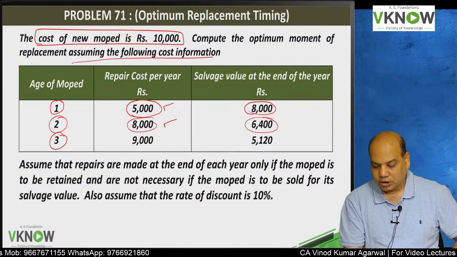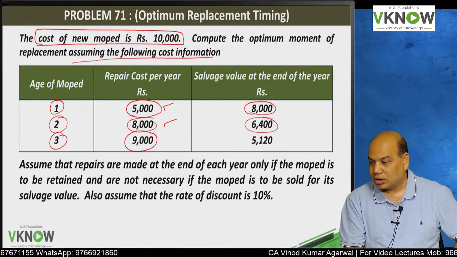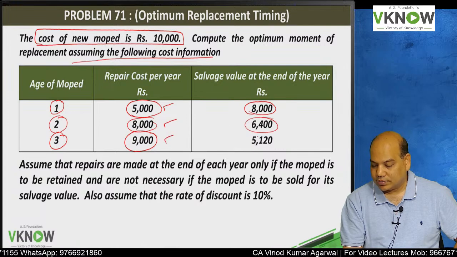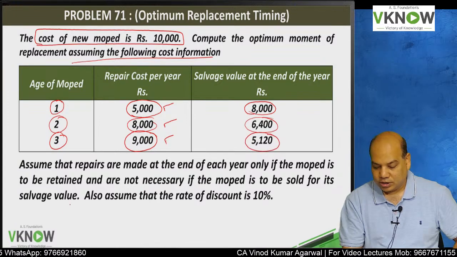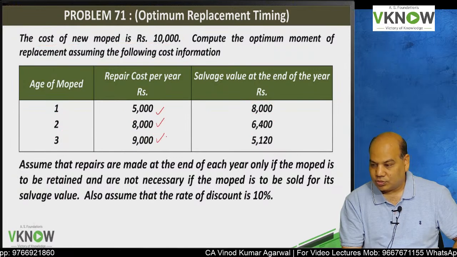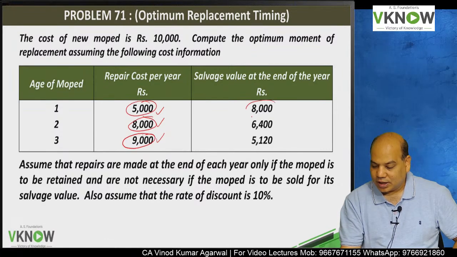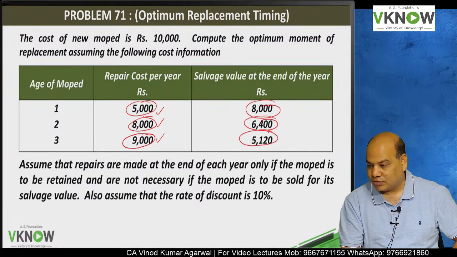Then the age of the moped is 3 years. Third year repair cost will increase and salvage value will decrease. So you can see in this example, as the age of the moped is going up, repair cost is increasing, but salvage value is decreasing.